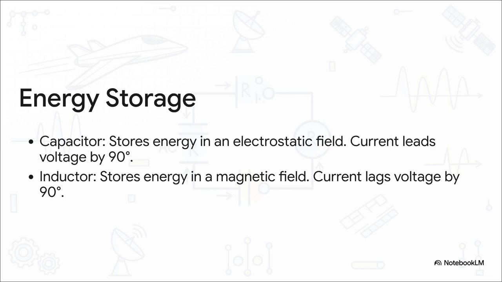This process makes the current lead the applied voltage by a precise 90 degrees. On the other hand, the inductor stores energy in a magnetic field. It's governed by Faraday's law, and it generates a counter-electromotive force that causes its current to lag the voltage by exactly 90 degrees. These precise opposing phase shifts are the absolute prerequisite for resonance.